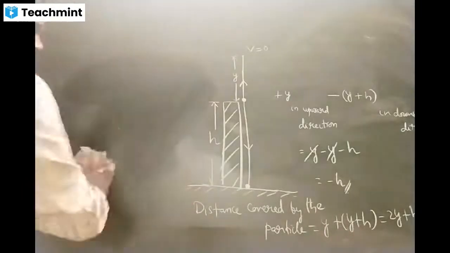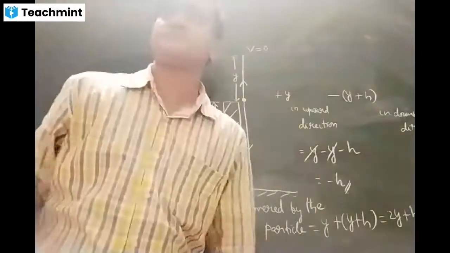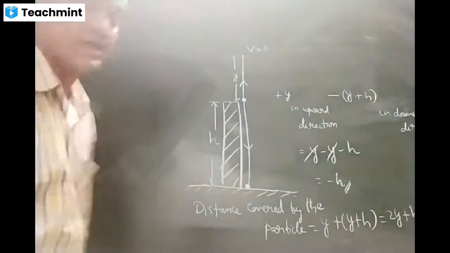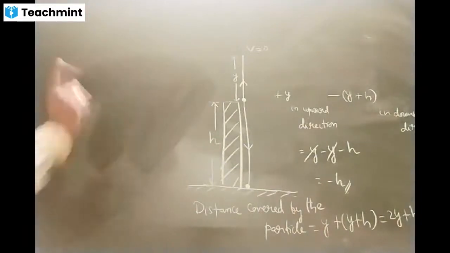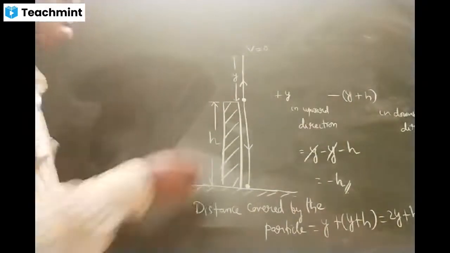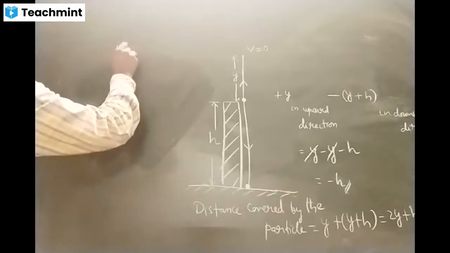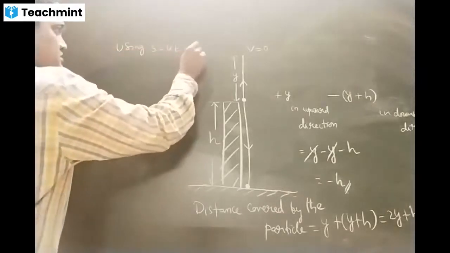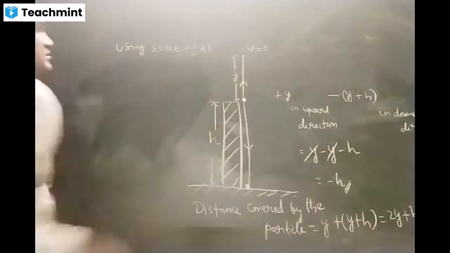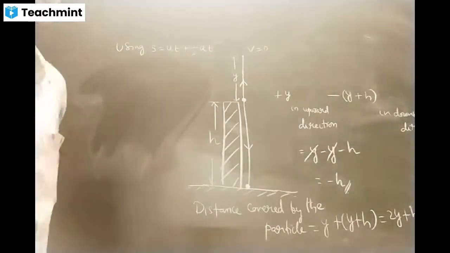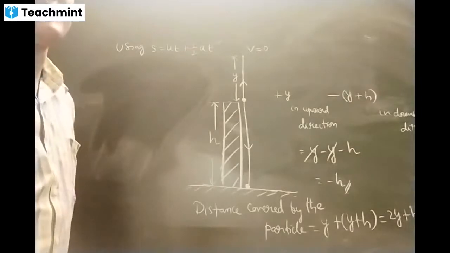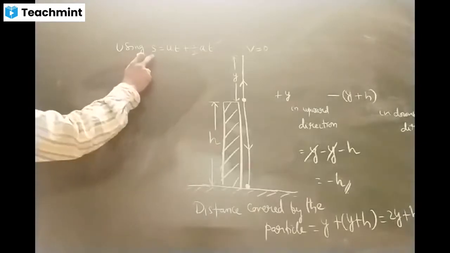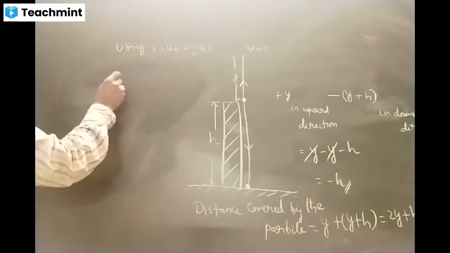Using S is equal to ut plus half at square. Now what is the value of displacement? We got displacement, not distance. Minus h. So can I write in place of S as minus h?